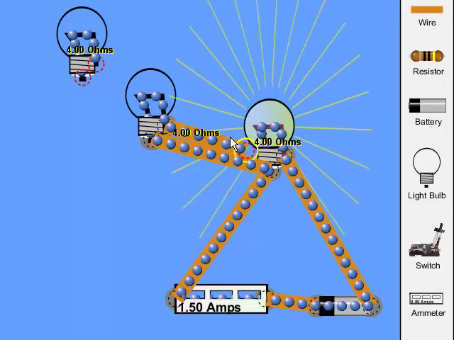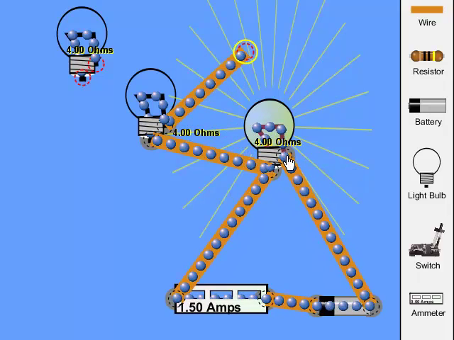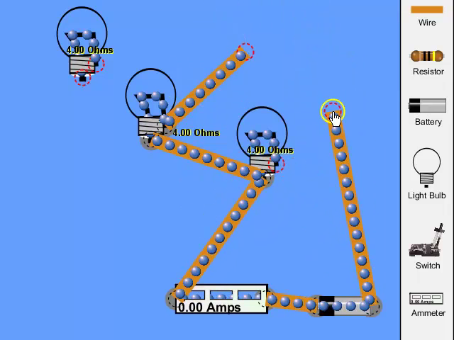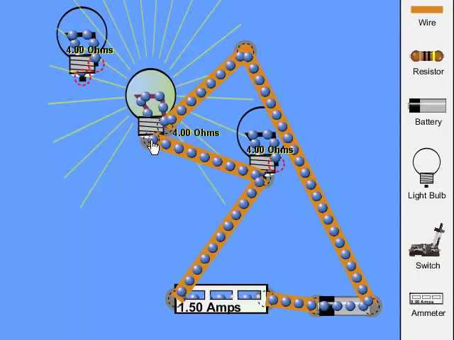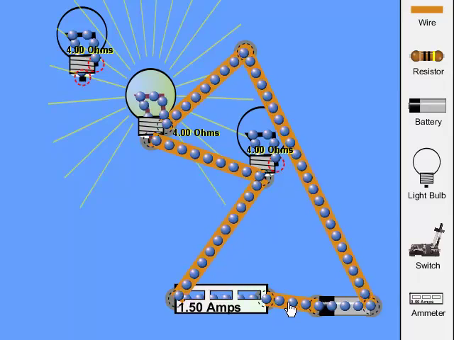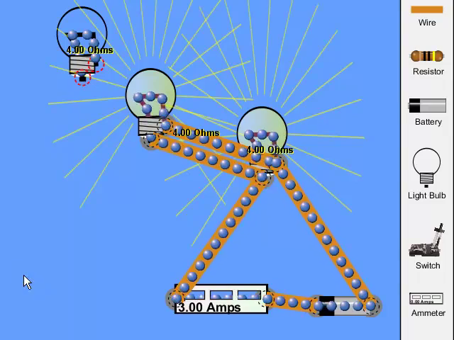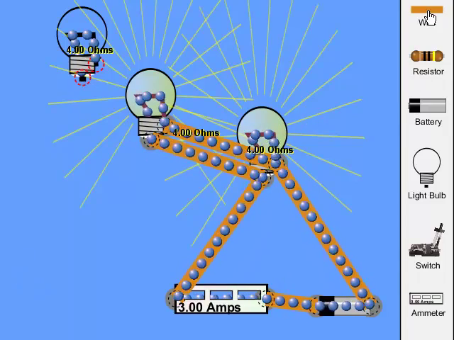Okay, if I could just move this here carefully away. There we go. Now I took this one out of the circuit, but the other one is still working as long as this is connected. So yeah, if I make a cut here in the main circuit, it wouldn't work. None of them would work. But if I just take one of them out, then the others are still working.